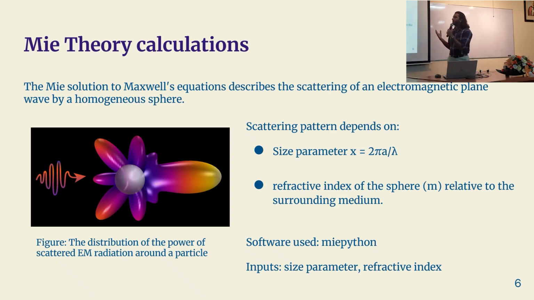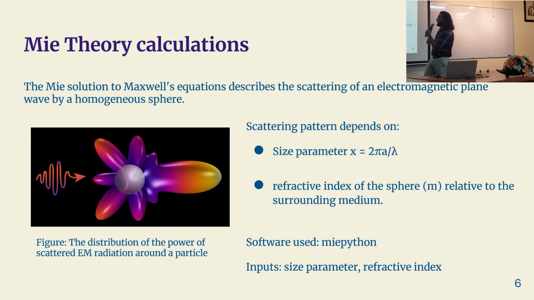When electromagnetic waves are scattered around a particle, the intensity distribution is something like this. This is a 3D figure. You get the intensity distributed in a shape like this. Changing the size of the particle and the refractive index of the particle would change the shape of these lobes.